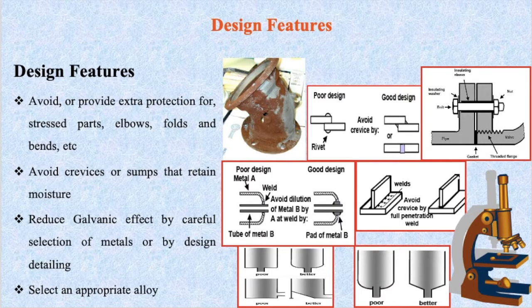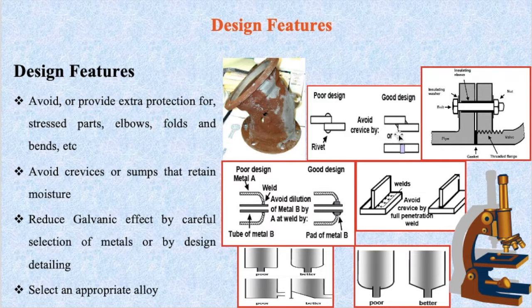This means if you had to, say, join pieces of metal again, like with rivets, this kind of setup would be a poor setup that is likely to be attacked by corrosion. Why? Because there's likelihood of crevices forming in this type of joint.